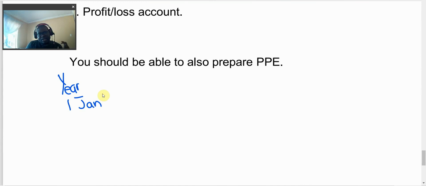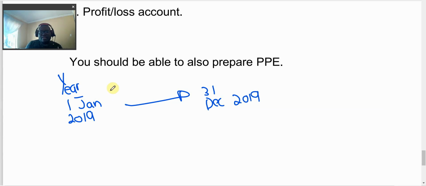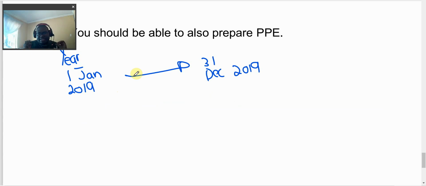The delivery van was bought in 2019, so we are operating during the 2019 financial year, from 1 January 2019 to 31 December 2019. I'm going to do a timeline for you to understand how that depreciation was calculated.